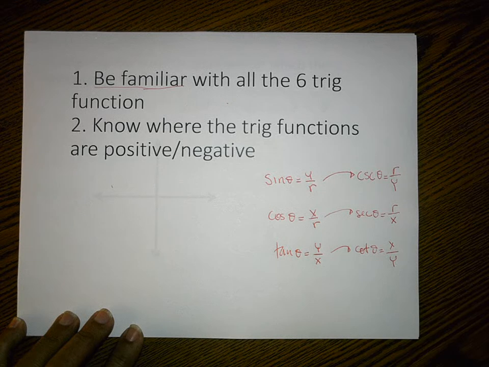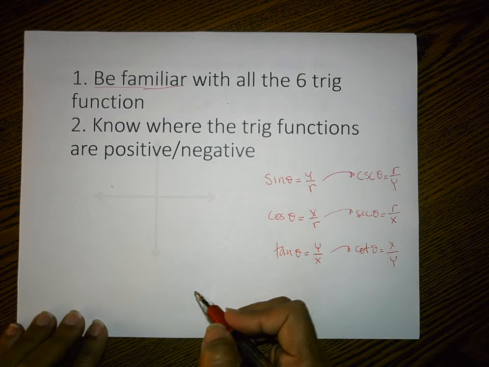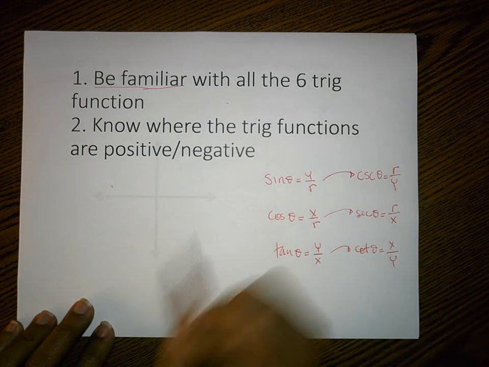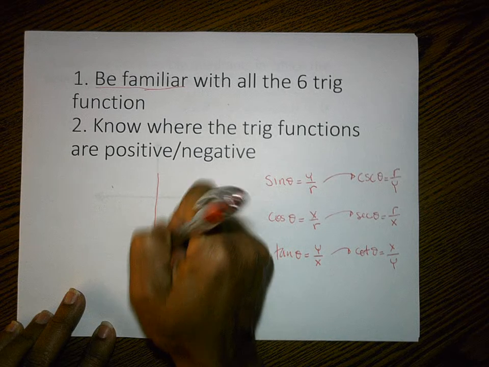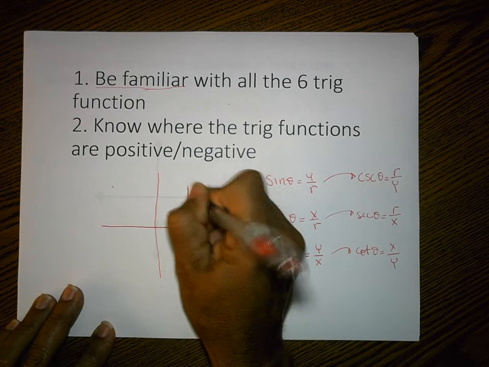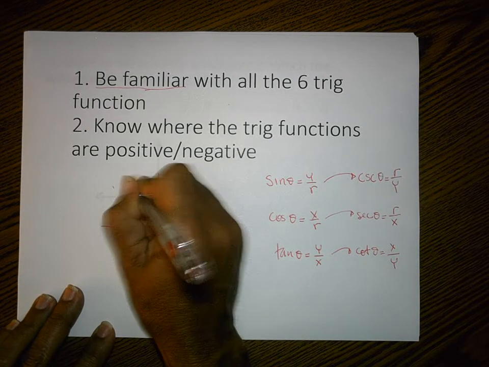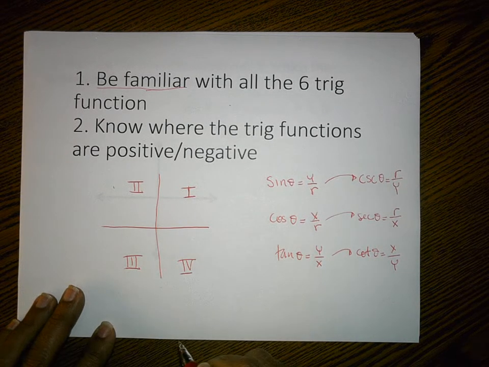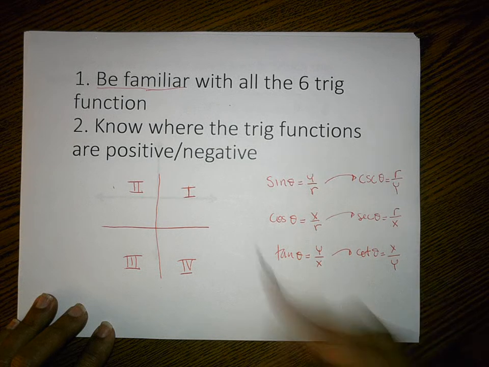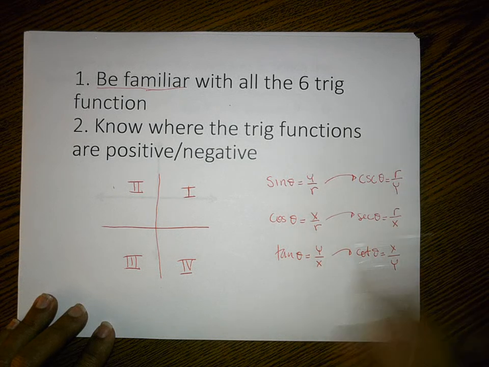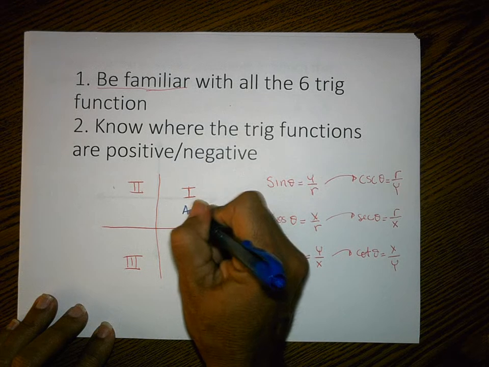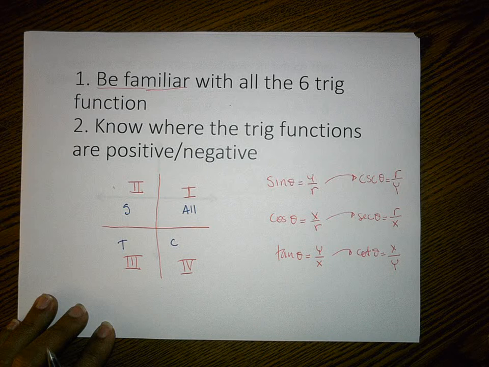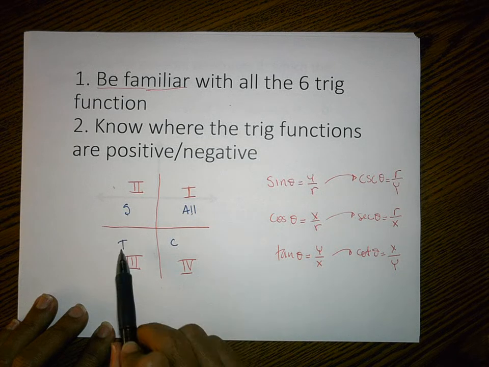You need to be so familiar with this that it needs to be fresh in your mind, forefront of your mind all the time, okay? Another thing I need you to be very familiar with is knowing where the trig functions are positive and negative, okay? So if I have my quadrants here, quadrant 1, quadrant 2, quadrant 3, and quadrant 4, I need to know where these functions are positive and negative. Remember the saying, all students take calculus, okay? All students take calculus.